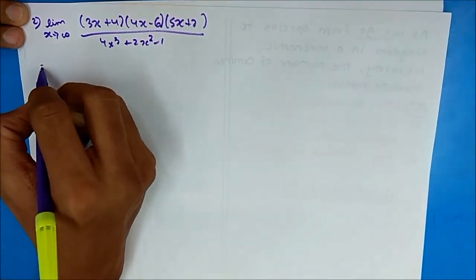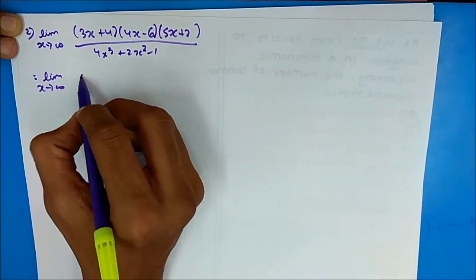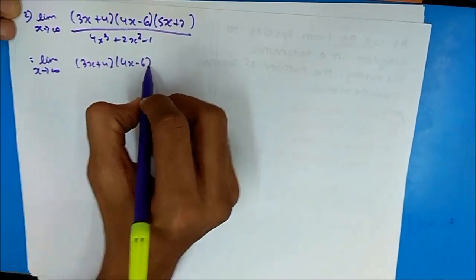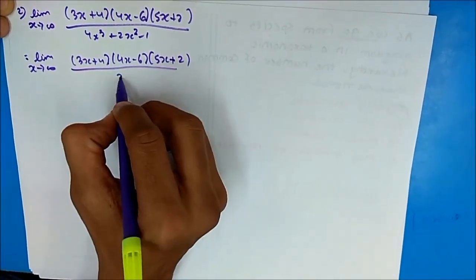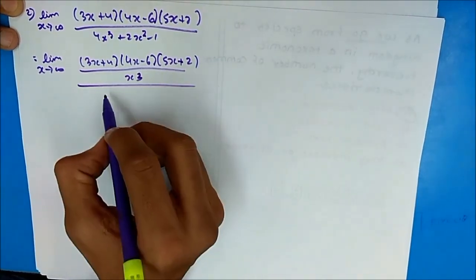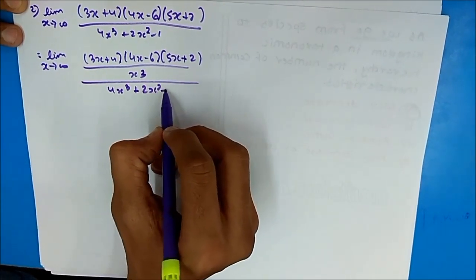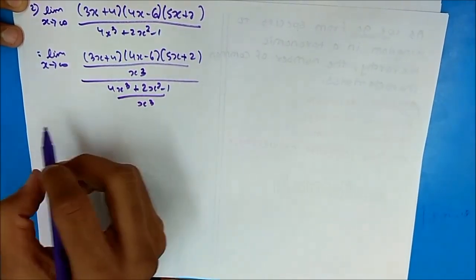The solution would be limit x tends to infinity (3x plus 4)(4x minus 6)(5x plus 2) upon x cube, upon (4x cube plus 2x square minus 1) upon x cube.